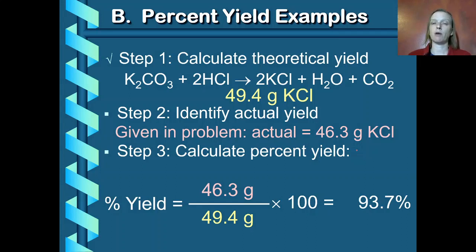But if you read the problem carefully and you think about how you go about calculating percent yield, it's the actual mass of a substance divided by the calculated mass of the same substance. That is the information you need to calculate percent yield.